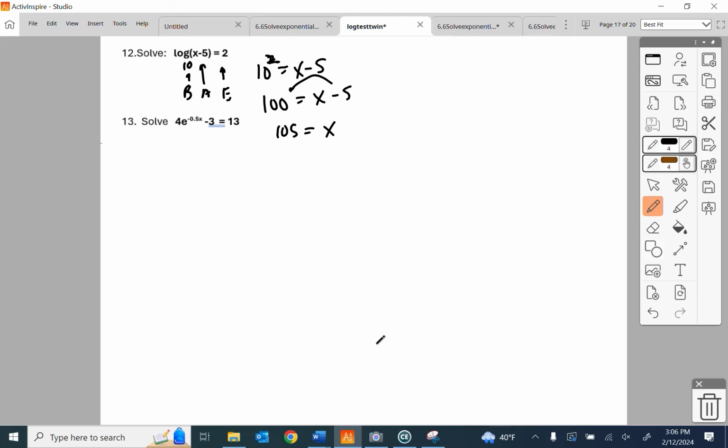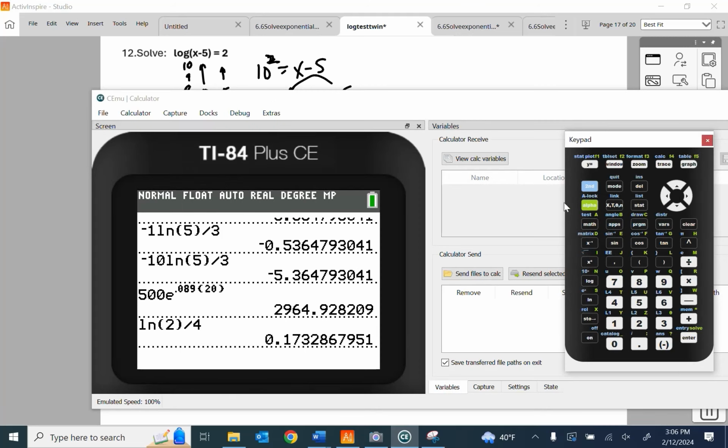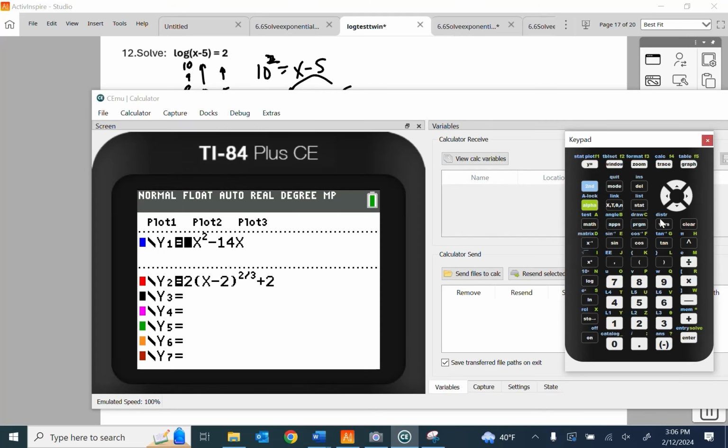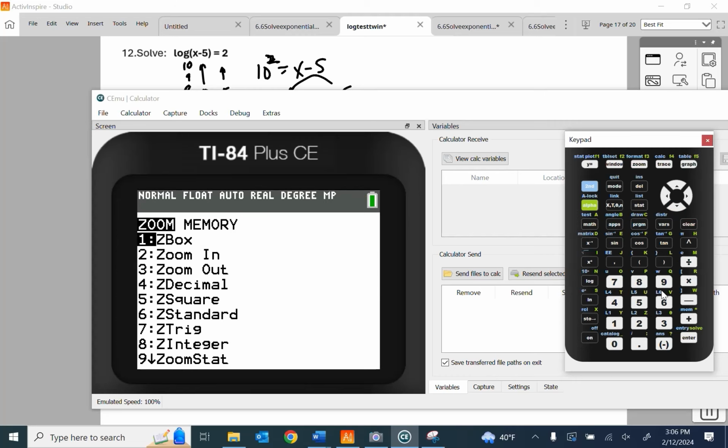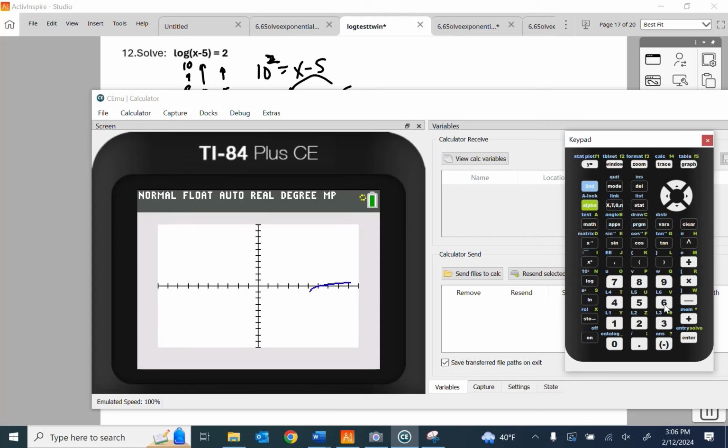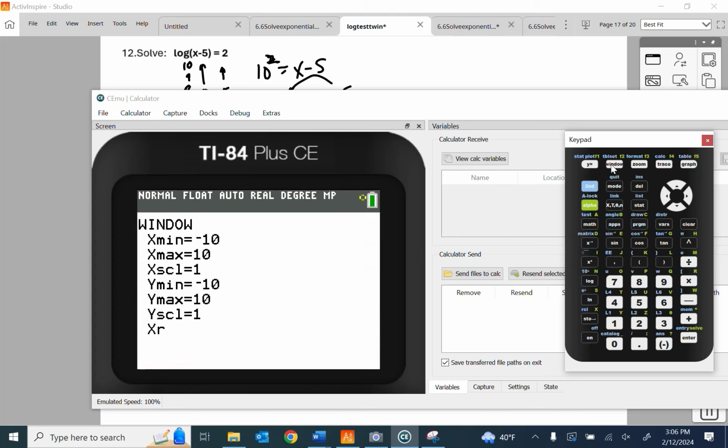If I knew nothing, I could also, because this is just a log, it's not hard to type in a calculator. Log of x minus 5, close parentheses, put a 2 in there, zoom 6. Now, I don't know what you're going to see on this thing, but you're probably going to have to go to window.